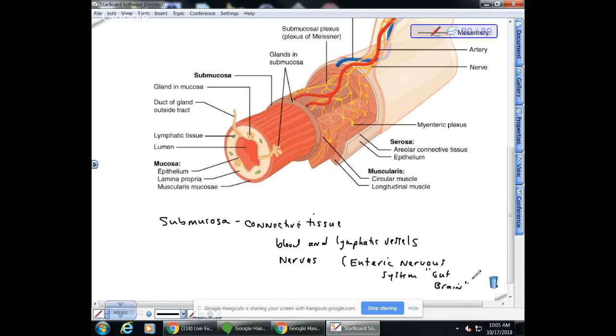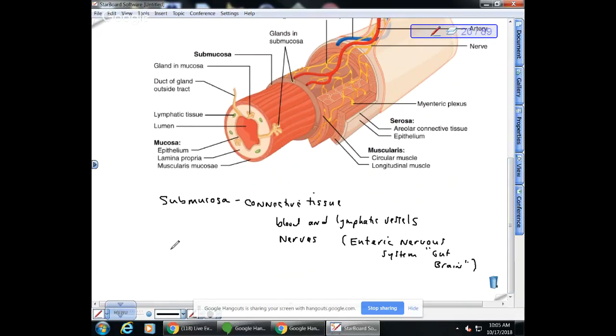So we're going to talk about the importance of that in regulating secretions. So we have stimulation of the mucosa to secrete gastric juice, for example, into our stomach. And then we also have the nerves that regulate the peristalsis, so the churning of the stomach would also be regulated by those nerves that are in our submucosa.